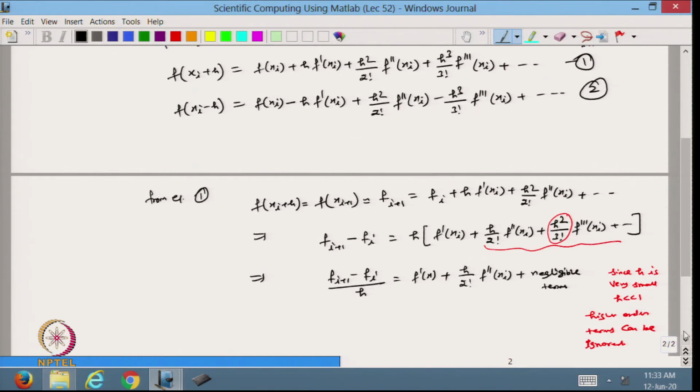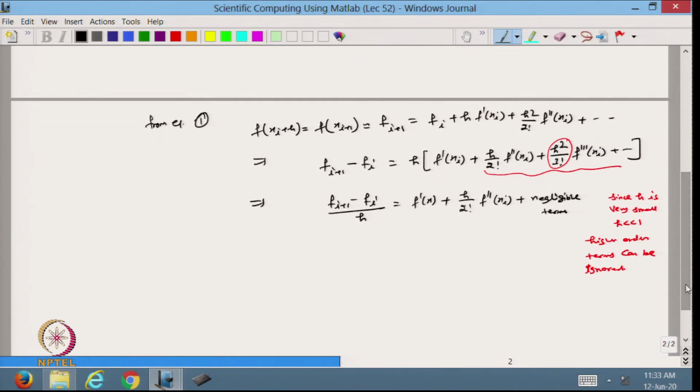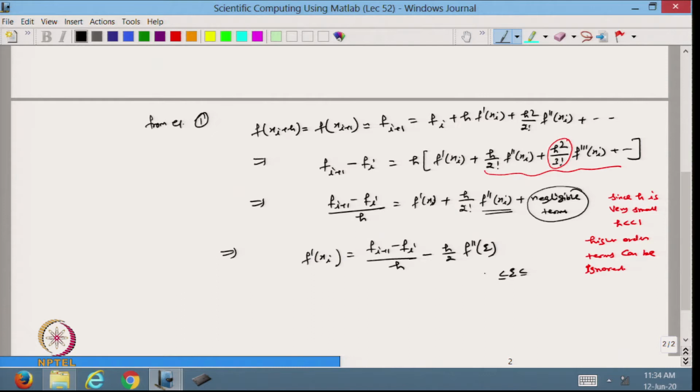Now this is a function, so I take the maximum of this one. So from here I know that my f dash x at i can be written as f i plus 1 minus f i by h, and the term we have neglected, I take this term, so this will be minus h by 2 f double dash at some xi, where xi I choose between xi to xi plus 1.